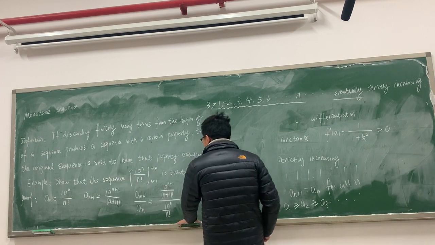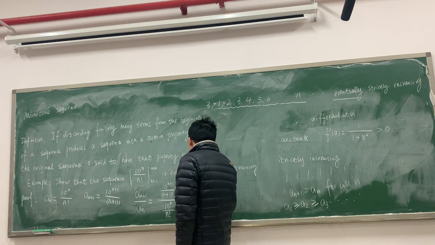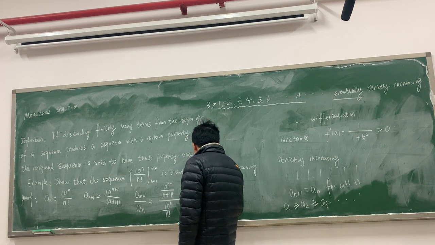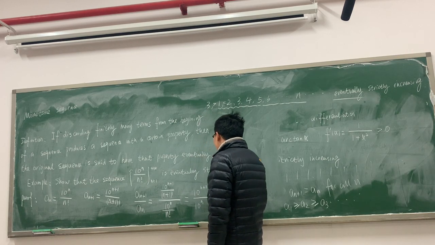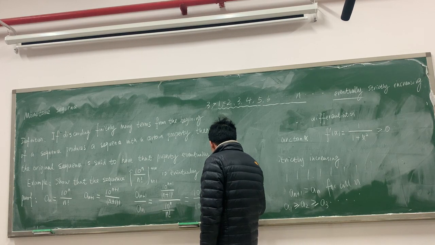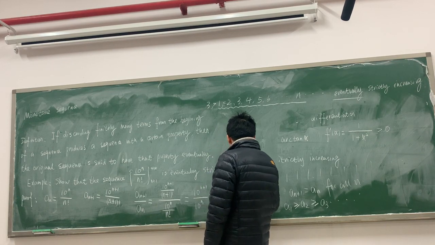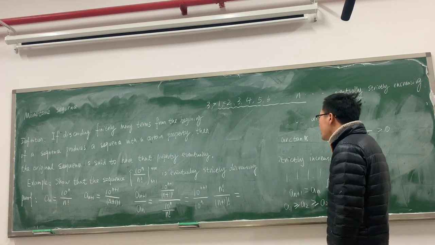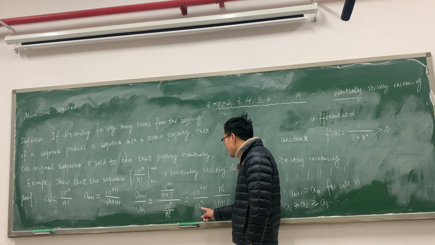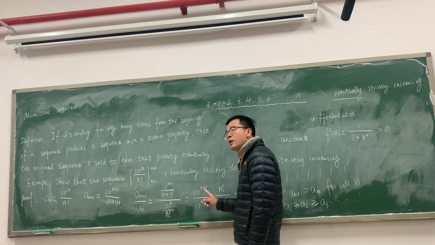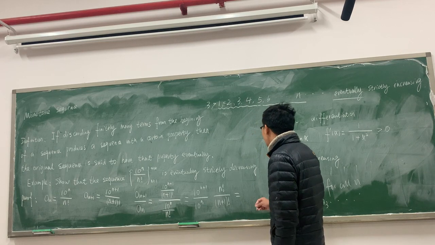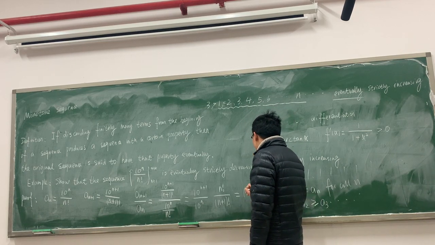So this is equal to 10^(n+1) over 10^n, times n! over (n+1)!. We can cancel 10 to the nth power, so the first part is 10.